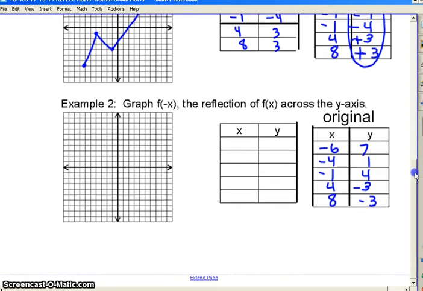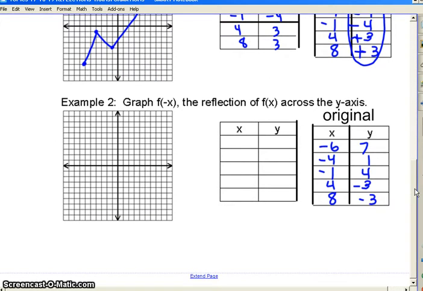Okay, on example 2, notice that the negative is inside parentheses. So every x value is going to be different. So when you reflect across the y-axis, you're changing every x value. Okay, the original x's were negative 6, negative 4, negative 1, positive 4, and positive 8.